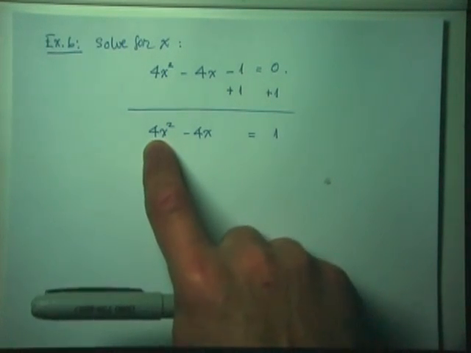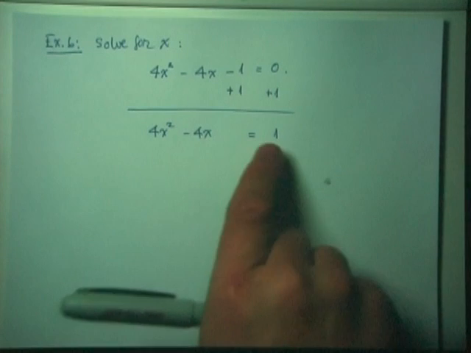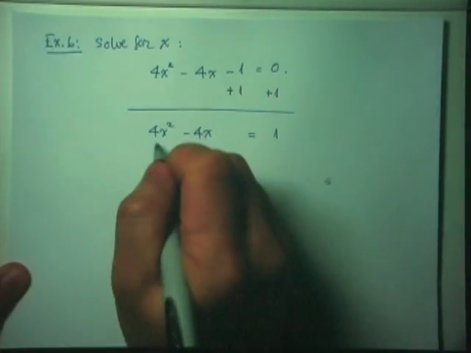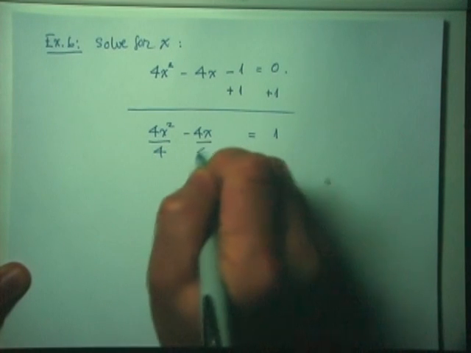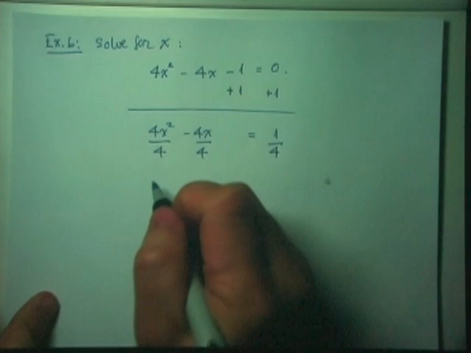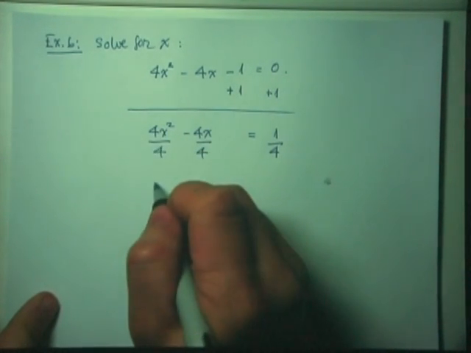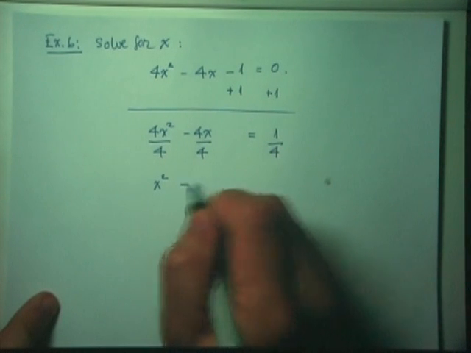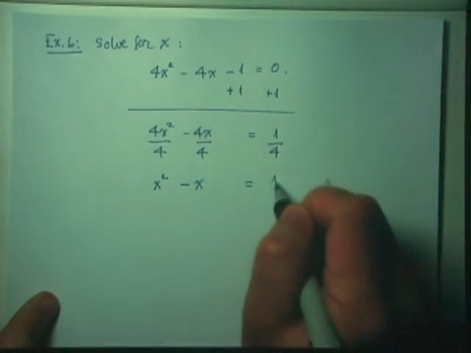I do not want that. I need to bring my equation into the ordinary form. So the only way around this is to divide by 4 throughout all the terms on the two sides. So what I can do here is the 4 cancels with the first term, that gets me simply just x squared, and then the second term becomes minus x equals 1/4.